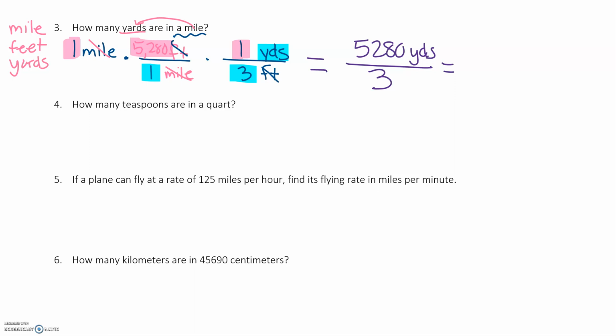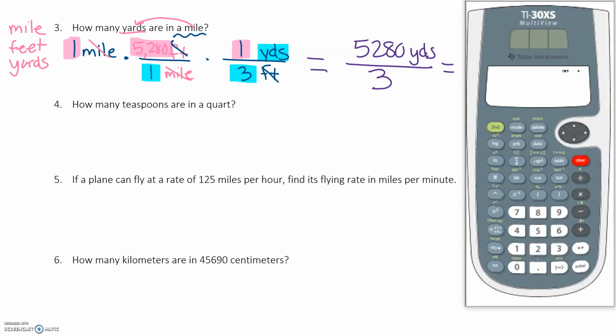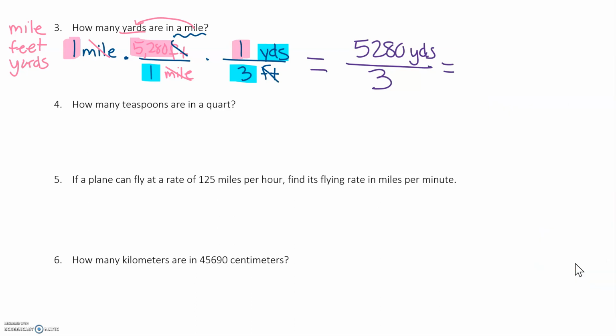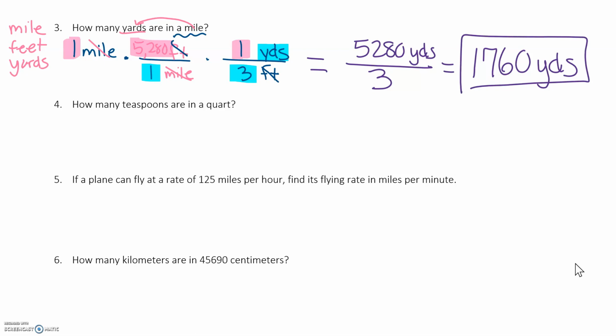Okay? Because we want that just to be down to 1. So 5,280 divided by 3 is going to give us 1,760 yards. That's how many yards are in the 1 mile that we were calculating.